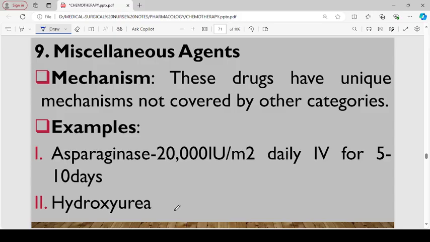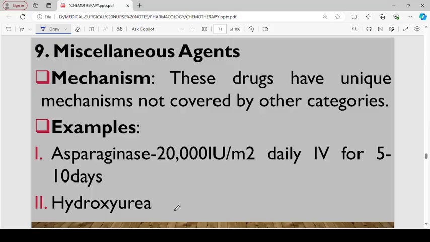Now we have a miscellaneous group, which forms the 9th group of chemotherapeutic agents. These drugs have unique mechanisms which are not covered in the other categories. Examples here are asparaginase and hydroxyurea.